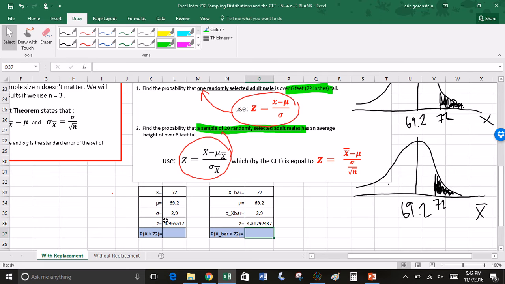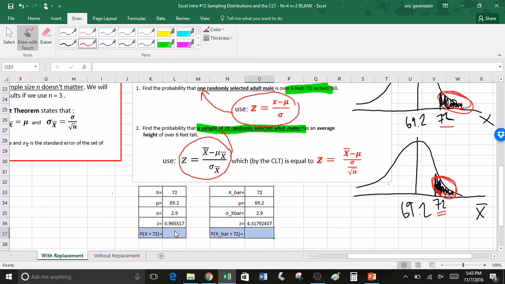That's not unlikely at all. But an entire group of 20, on average, being above 6 feet tall, well, that's highly unlikely. Either way, once we have our z-score, we calculate the same way. We're looking for the area to the right of a z-score. The x equals 72 and the x bar equals 72. They just have different z-scores, that's all.